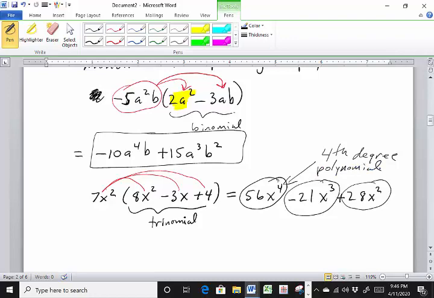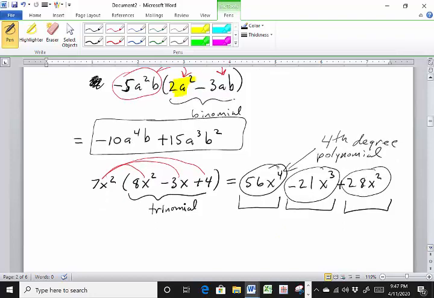So the terms are 56x to the 4th. The other term is negative 21x cubed. The last term is 28x squared. And again, the coefficients are 56, negative 21, 28. The degree of each term, 4, 3, and 2. And the overall degree of the polynomial is 4th degree.